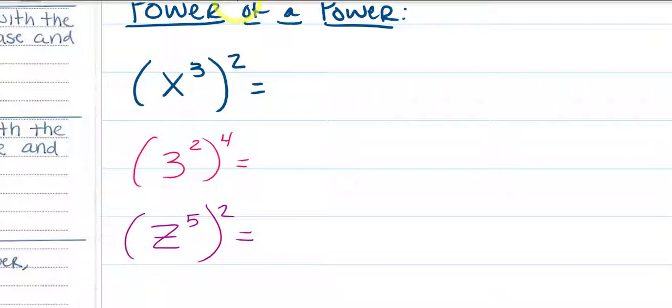Okay, so in the first one the base is x, and it's being raised to the third power, and that entire expression is being raised to the second power. So I'm going to keep the base the same, and I'm going to multiply 3 times 2, and so that's going to be x to the 6th.